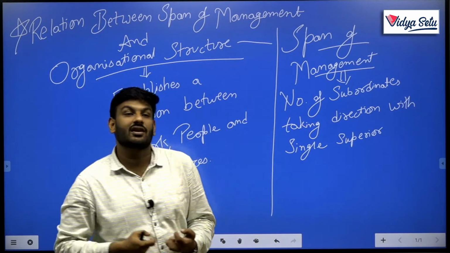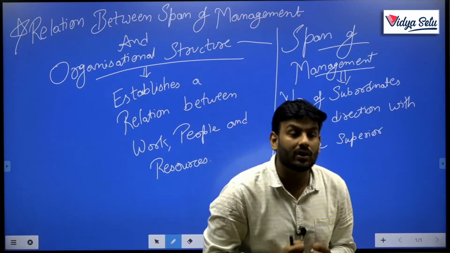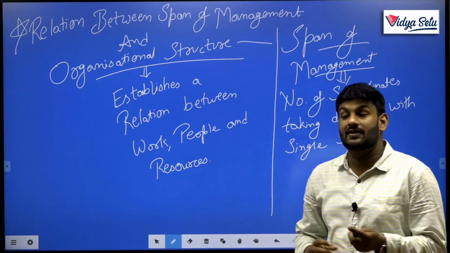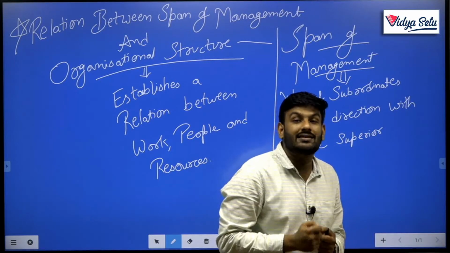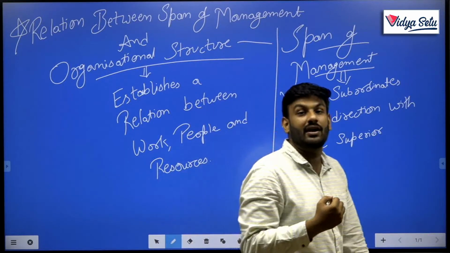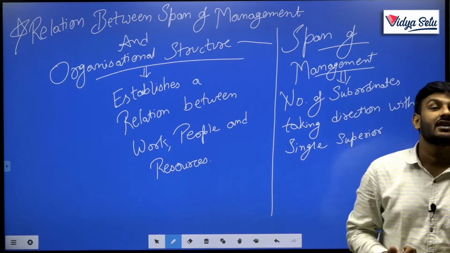Organization structure generally deals with all levels of management in the whole complete organization, but span of management generally deals with a particular level of management, as in it describes how many subordinates are getting directions from a single superior.